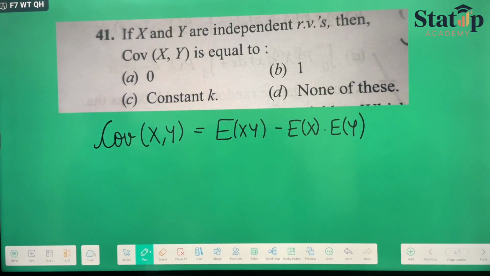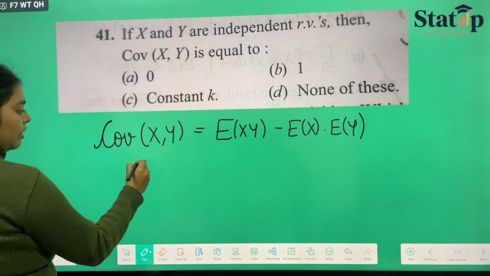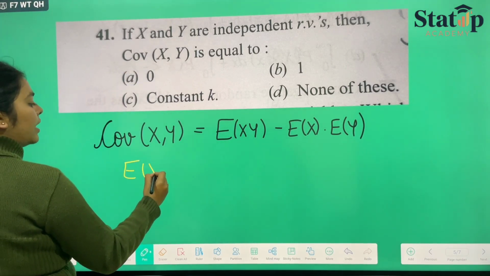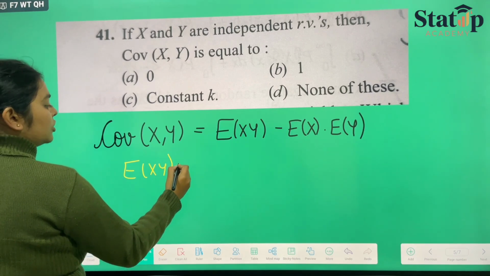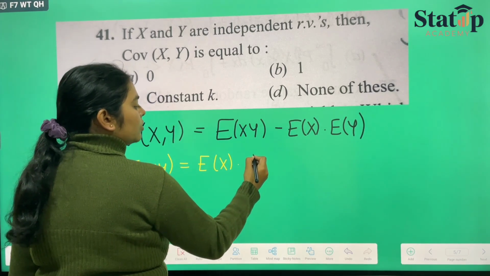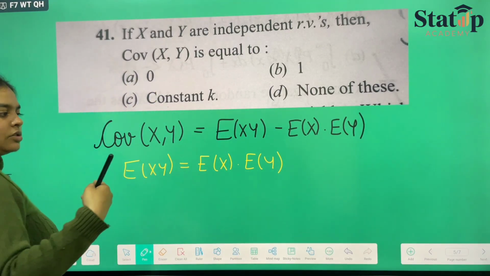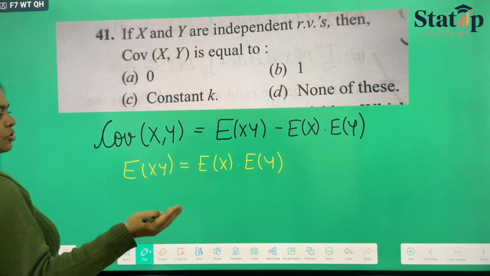Since they have given us that X and Y are independent, and we have learnt a formula, then when X and Y are independent, the expectation of XY can be written as the expectation of X into the expectation of Y. This was in the previous lecture, where I told you the rules of expectation.